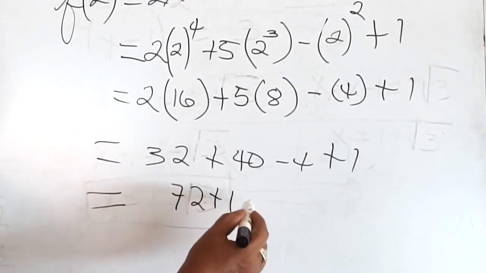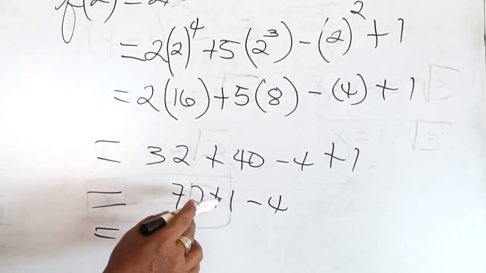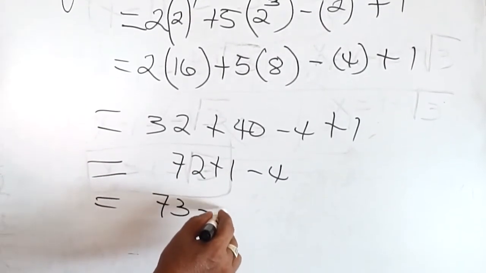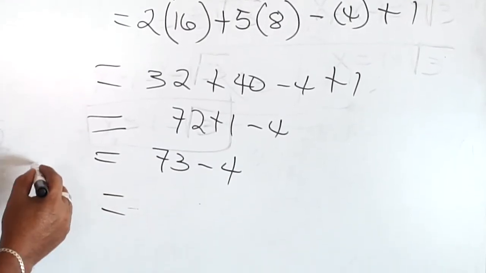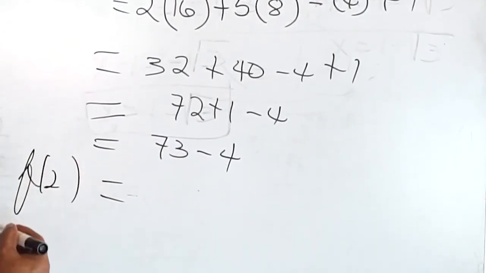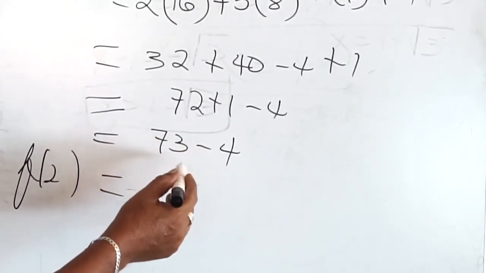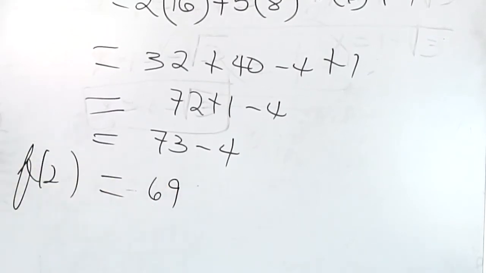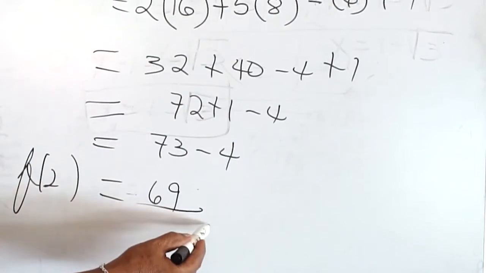Then plus 1, then minus 4. Add 72 plus 1, that is 73. Then minus 4. So f of 2 is equal to 73 minus 4, which is 69. So this is now the remainder.